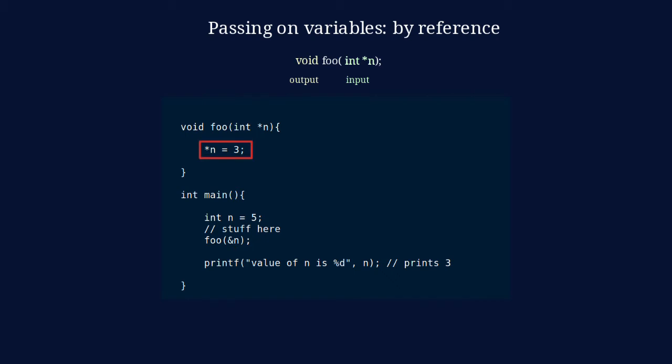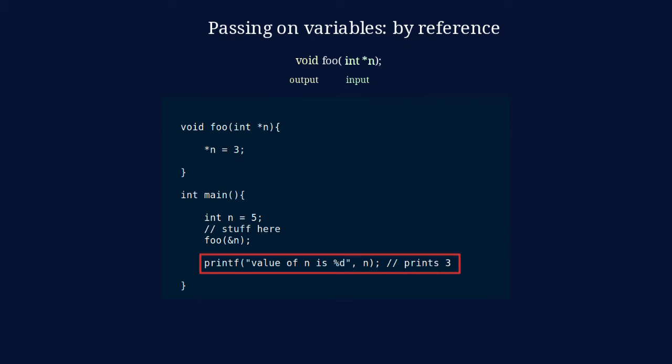Now within the body of the function, I will do asterisk n equals 3. That means n now has the address, and asterisk means go to that address and then set the value to 3. So now I've actually changed the value of n as it was when I called the function.